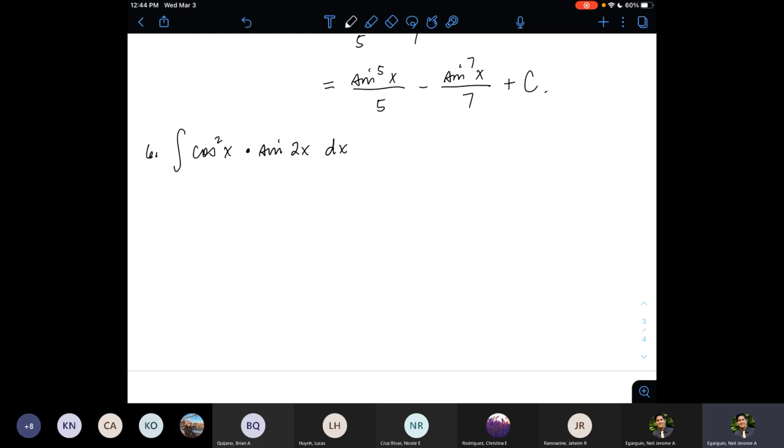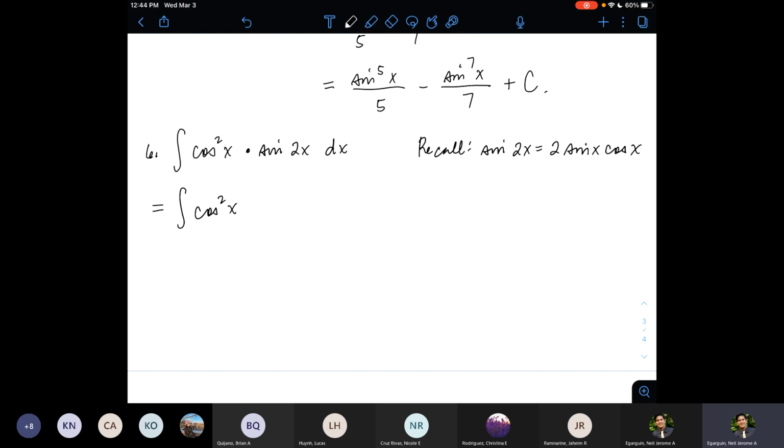So before you go any further, you need to try to use identities in order to write it in the form sine to the m times cosine to the n, right? If you go back to your algebra notes, you can recall that sine of 2x is equal to 2 sine x cosine x. That's what I will use here.